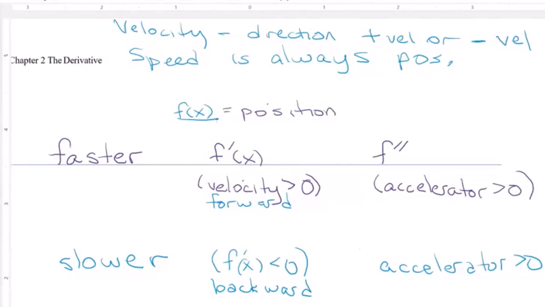Let's just say my car doesn't fall apart. What's going to happen is I'm going to start slowing down because I'm accelerating in the opposite direction that my velocity is. I really hope that made sense.